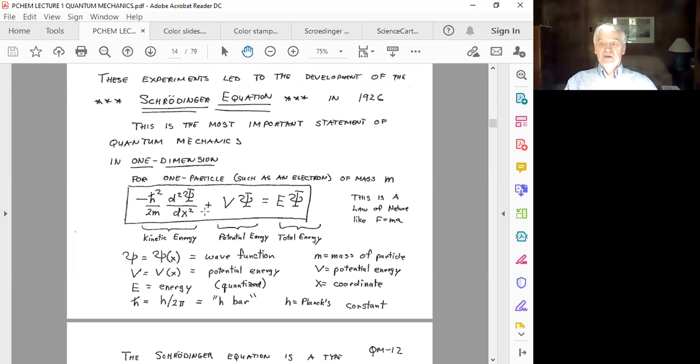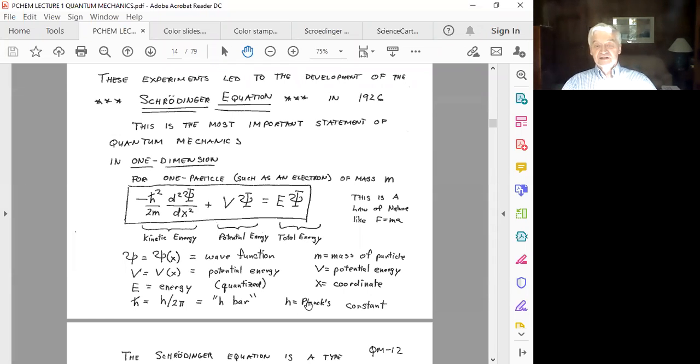From it, we're going to be able to calculate average momentum squared, average position. We're going to find that we're never going to know exact positions of electrons and protons and molecules. We're just going to be able to calculate their average positions and their distributions.